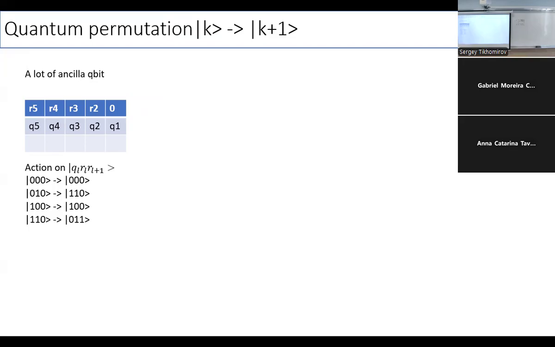I would like to say that, and this is exactly what Altan is referring to, in case we have as many ancilla qubits as we want, we can implement +1 easily. In that case, we have Q1, Q2, Q3, Q4, Q5, our quantum bits, and R2, R3, R4, R5, our ancilla bits, which we put in the memory.